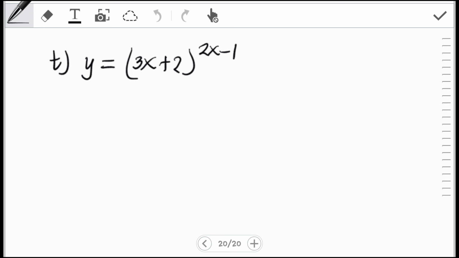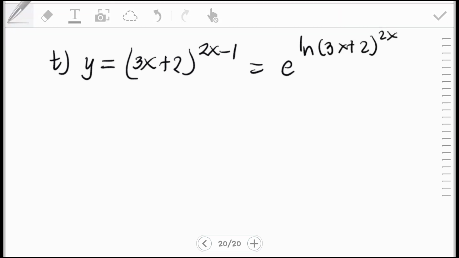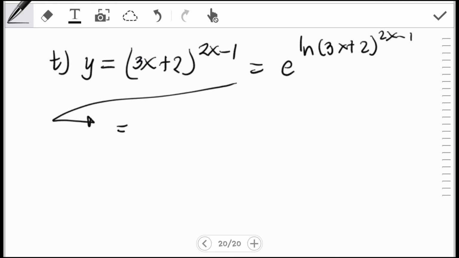Again, e to the power 2x minus 1 times ln 3x plus 2.